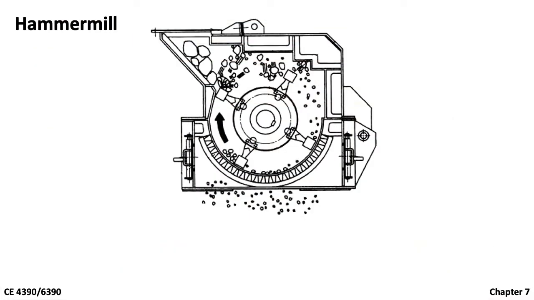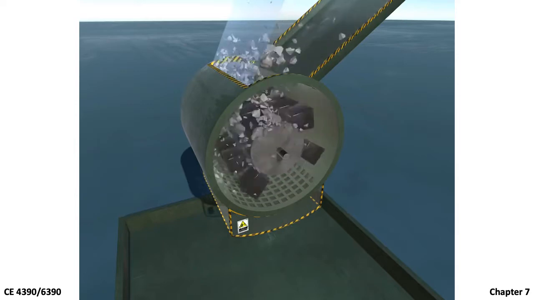This picture illustrates a hammer mill. It crushes rock using the impact made by many little hammers attached to a horizontal shaft. Let's watch the following animation on how hammer mills work.